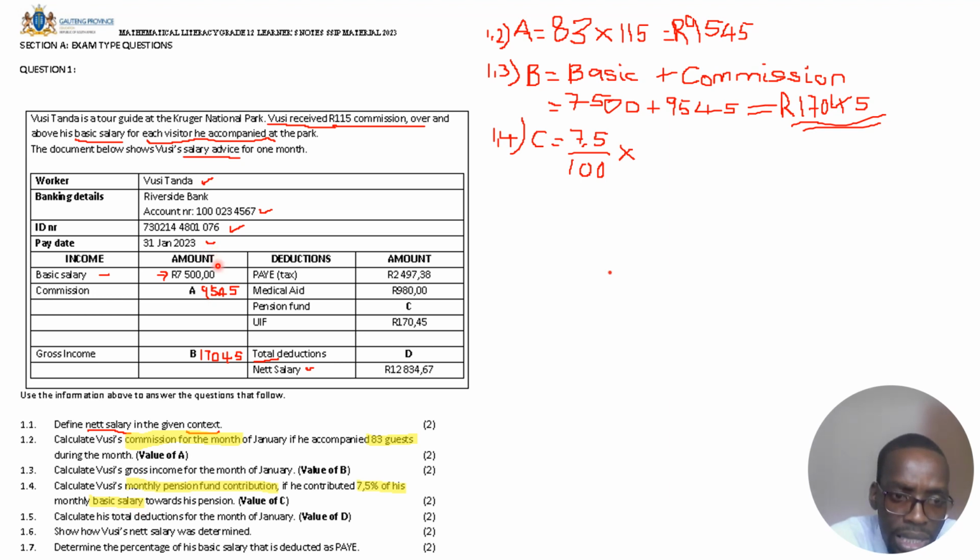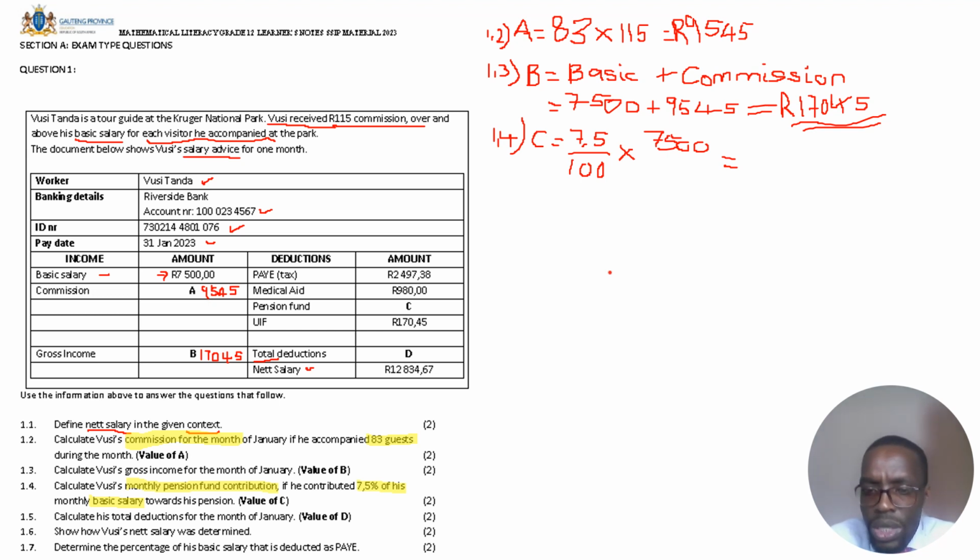So it means it's 7.5 of this basic salary here. Okay, so let's just use that figure of 7,500. Okay, if you do that, then you are going to get your answer.